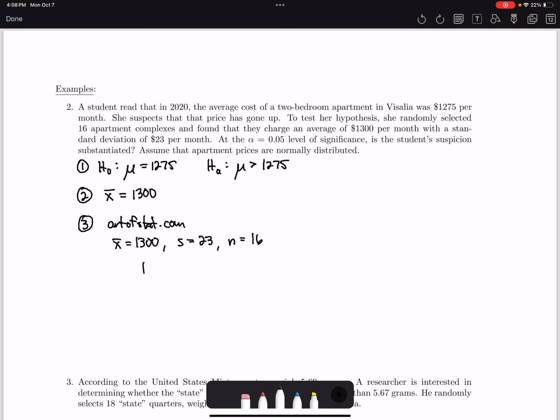The p-value that artofstat spit out for us was 0.0003. So I can use that to make my decision. The level of significance we're using here is 0.05. 0.0003 is far less than 0.05, so we reject H null.